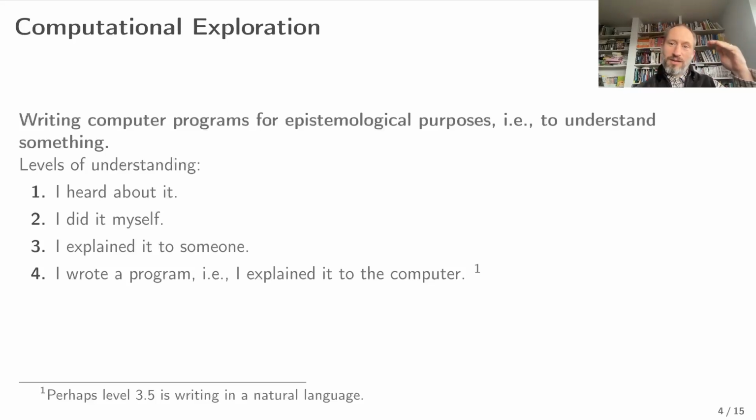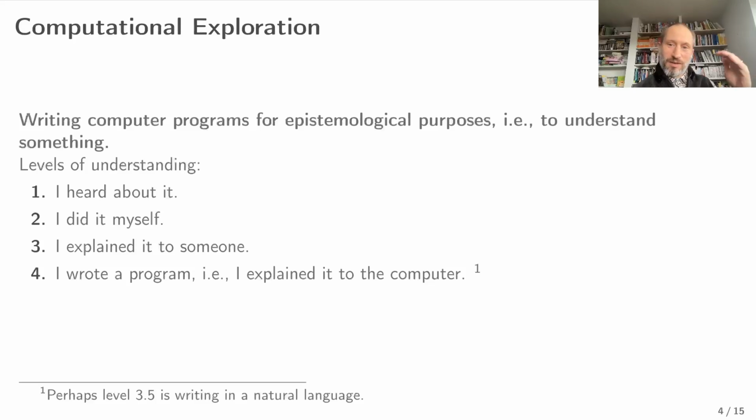Yet a next higher level of understanding is when I explained it to someone. And according to this classification, the highest level is when I wrote a program to do that, and that is, I explained it to a computer.